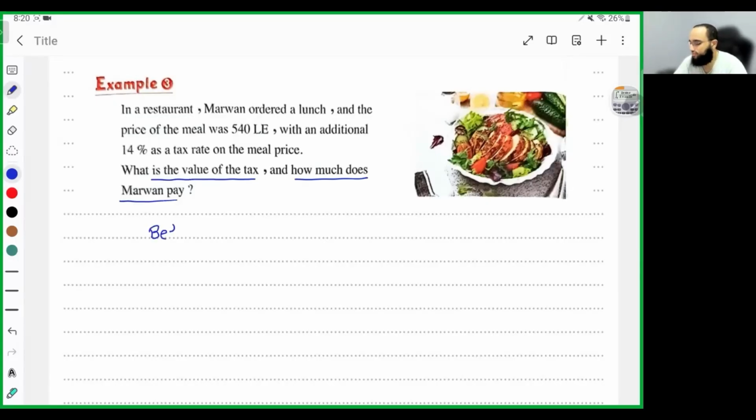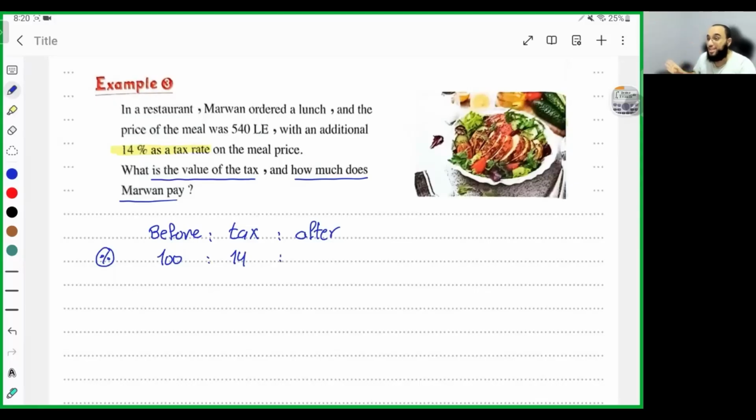Before the tax, right now, not the discount, it's a tax. And the tax itself, and after the tax. This is 100. What's the tax rate? 14%.